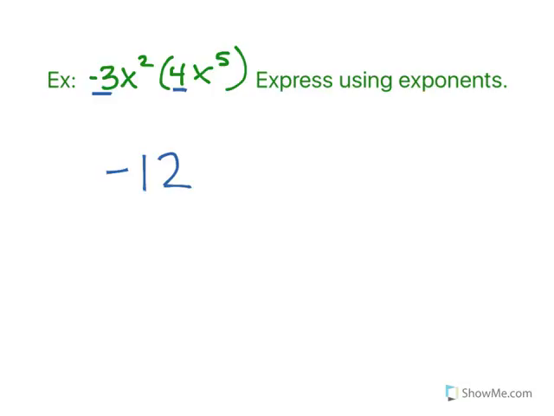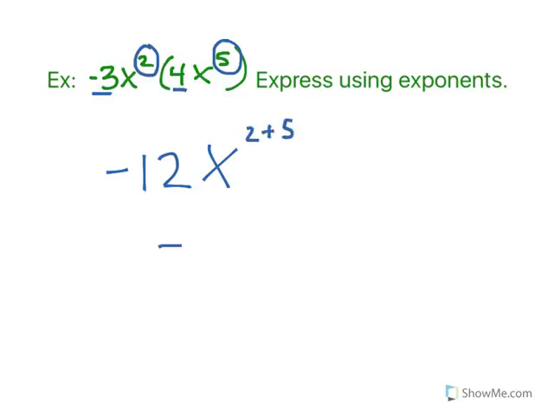Now what we're going to do is we have to deal with my x to the second power and x to the fifth power. Okay, so it's going to be negative 12, and we know we got to bring down that x. But now what power is it? Well, we're going to do 2 plus 5. So negative 12 x to the 2 plus 5 power.